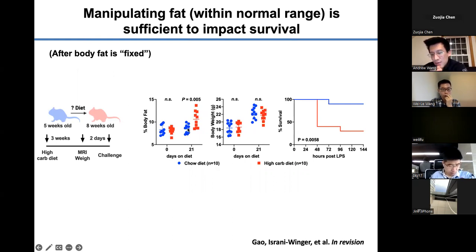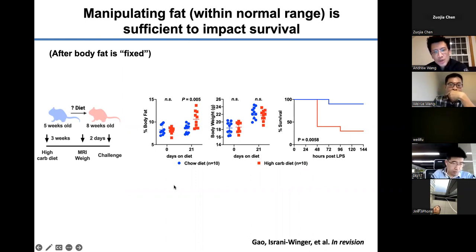And this, as you can see, is within the 10%-ish normal dynamic range of normal B6 mice, and in a way that doesn't affect their body weight. So this isn't like a high fat diet or Western diet where the mice get really, really fat. The body weight's the same, but they have slightly more body fat composition. And as you can see, the slightly fatter mice are then significantly more susceptible.